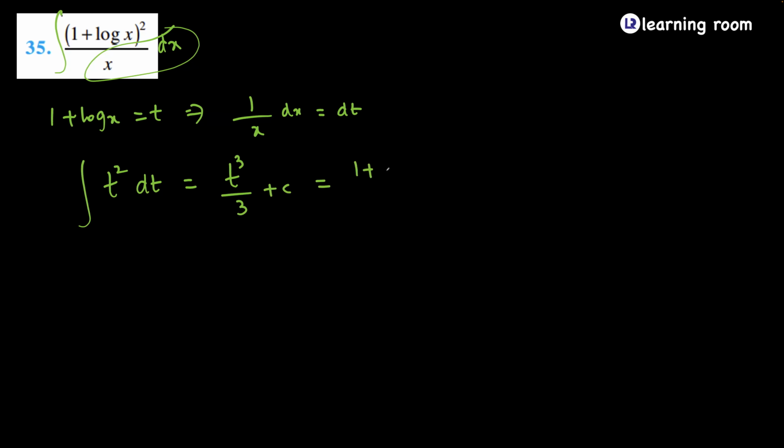What is t cube? 1 plus log x the whole cube divided by 3 plus c. That's it. Done. It's simple, no?